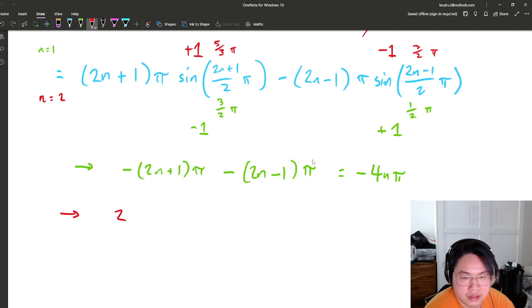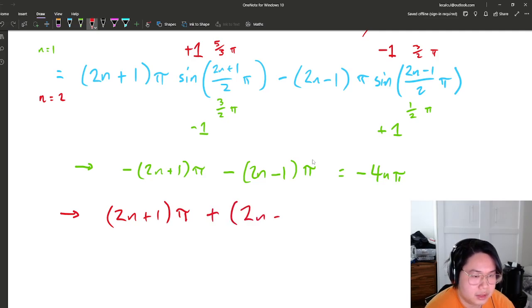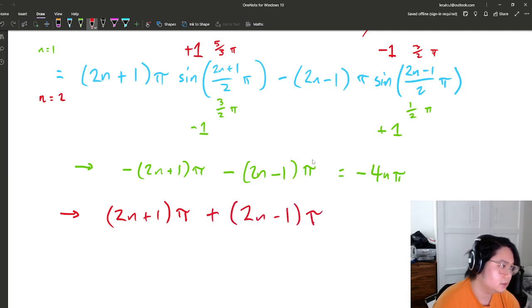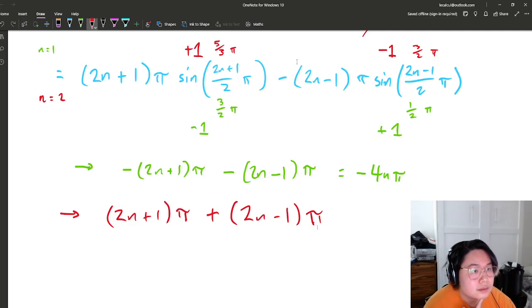So I'll have 2n plus 1 pi plus 2n minus 1 pi, because this negative and that negative make the plus, and then this is the same thing, just positive.